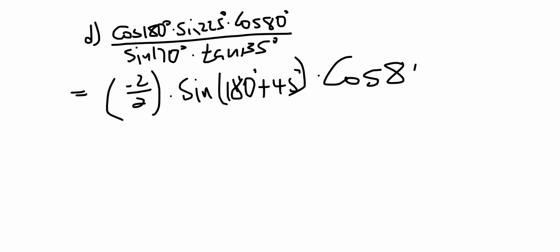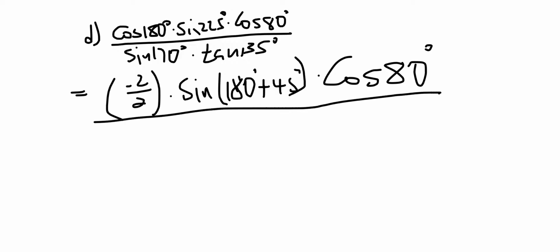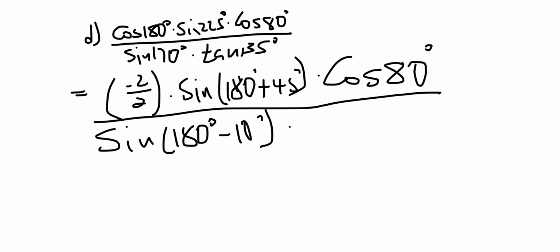We just write it as it is, because cos 80 degrees is already reduced. We are just trying to simplify whatever can be simplified and reduce what can be reduced. So those that are already reduced, we just leave them. I think this one, since it falls in quadrant 2, we can easily say that, and then we just minus it by 10 degrees. That's it. This one of tan 135, which quadrant?